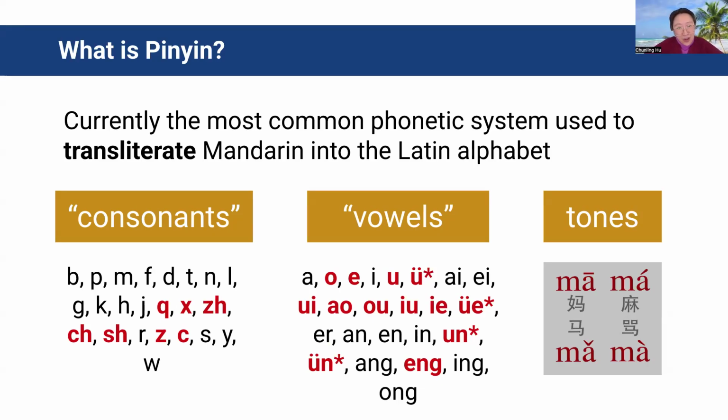Okay, Reina, can you read vowels for us? Yes. A, O, I, U, Ü, ao, Ye, Yue, An, In, Yun, Ang, On.